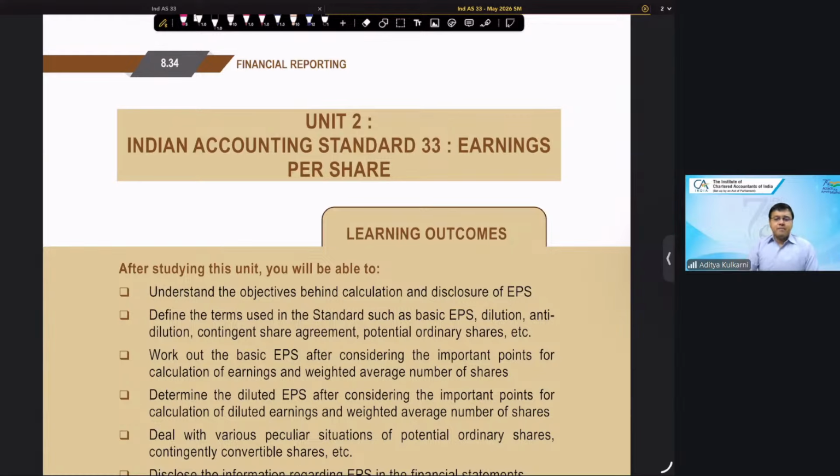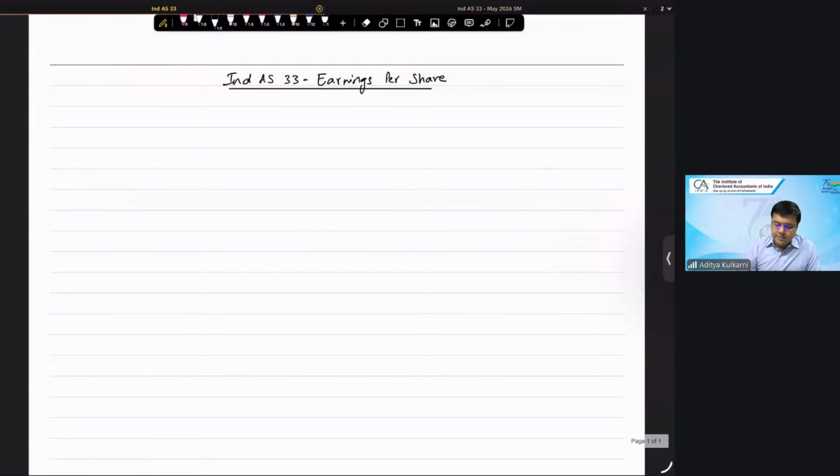That is your basic EPS formula: basic EPS is equal to net profit attributable to equity shareholders divided by weighted average number of equity shares. Are we okay with this? Yes, are we okay?